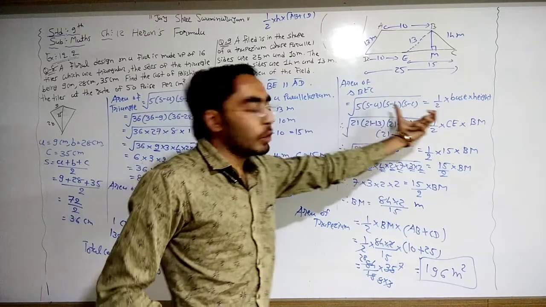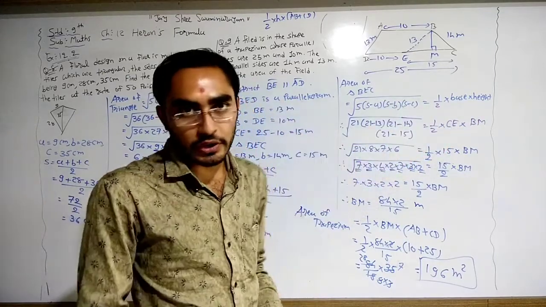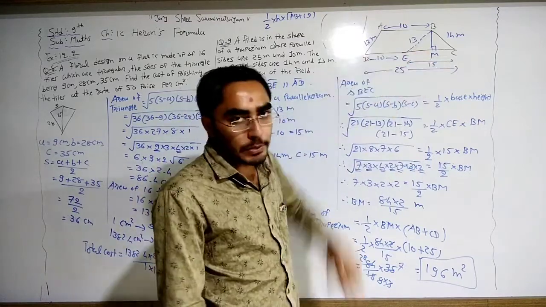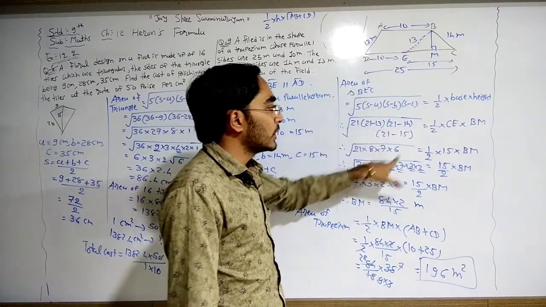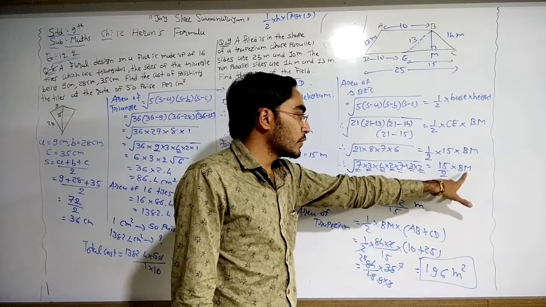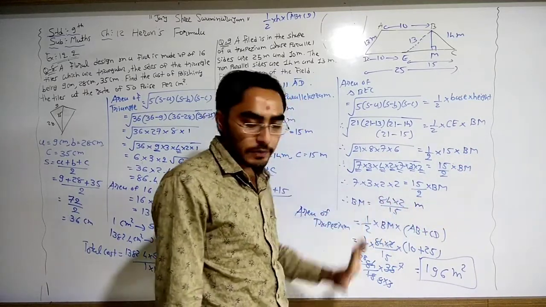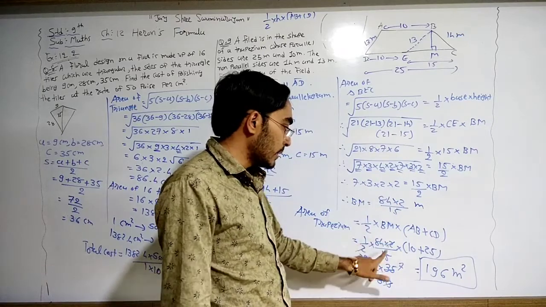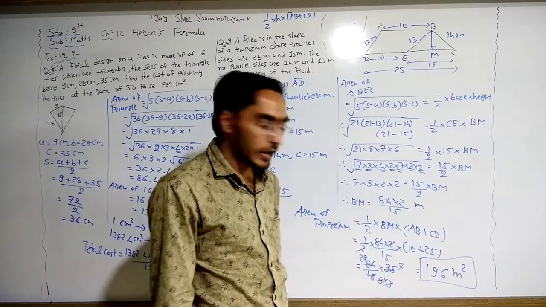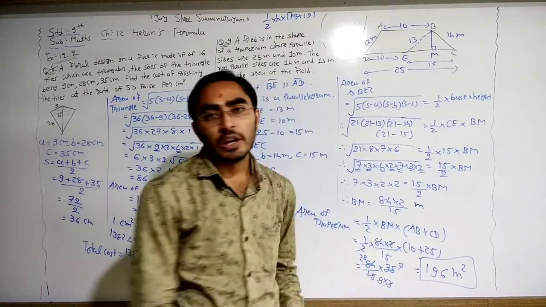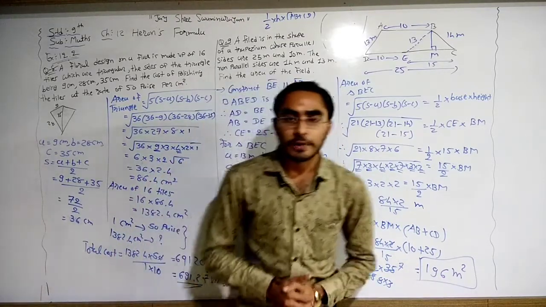By using both formulas we will get the same answer, so we can directly compare them. Put in all the values and find the value of BM. So BM is 84 into 2 by 15. Now put the value of BM here, with AB and CD 10 and 25, and solve this. So finally we will get the answer 196 meter square.